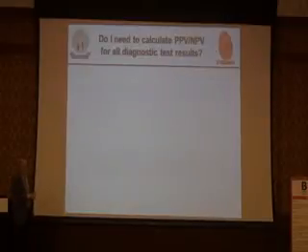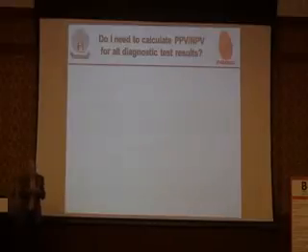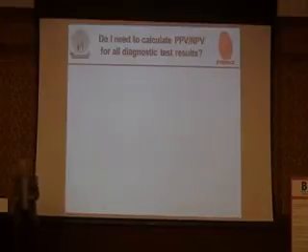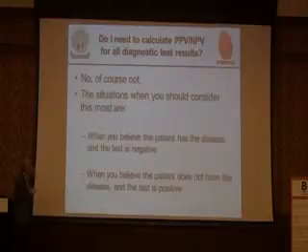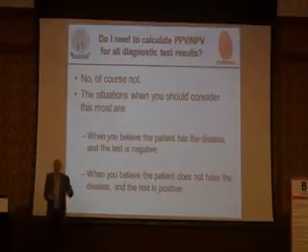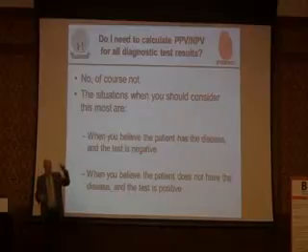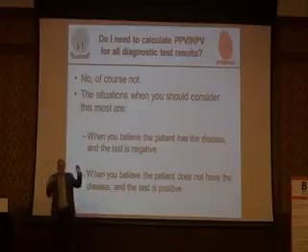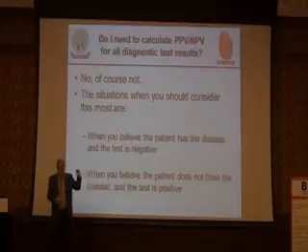Now, do I need to go to that medcalc.com every time I make a diagnosis? And I need to check the positive and negative predictive value on everybody? No. The situations where you should consider doing that are the situations where the test can make a fool of you. And what are those? I have a high pretest probability. I am sure clinically that this person has that disease, and the test comes back negative.